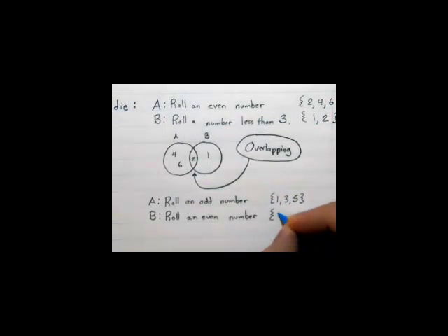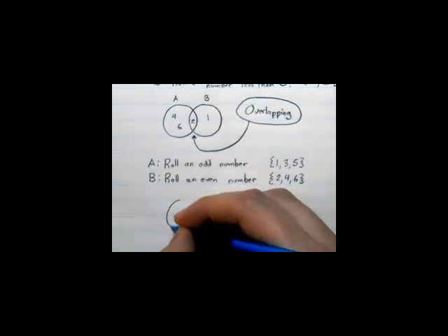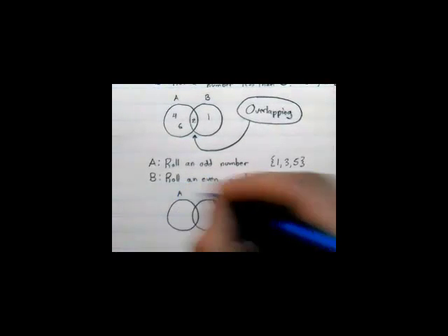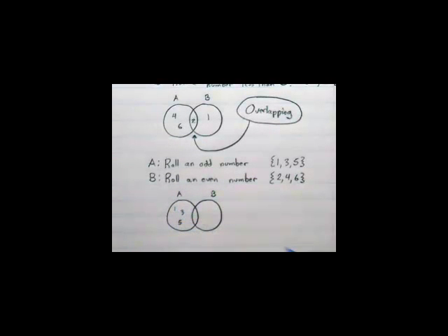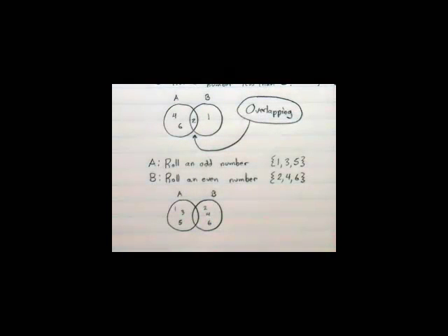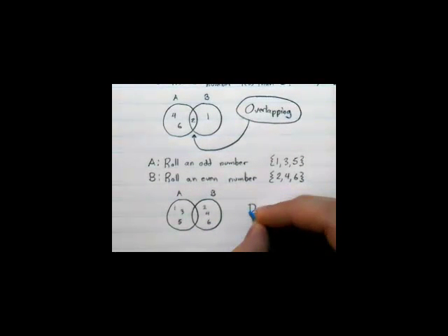If you rolled an even number, that's a 2, a 4, or a 6. There's no overlap with those. So our Venn diagram for that would have nothing in that overlapping piece. In A, we'd have the 1, the 3, and the 5. And for the even number, we'd have the 2, the 4, and the 6, but nothing that they share. Okay, so this is disjoint.